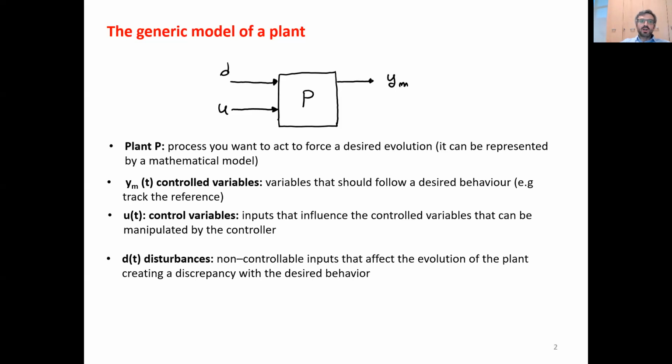And the other one could be an exogenous disturbance variable that is non-controllable, but anyway, also this one affects the evolution of the plant and of the controlled variable, making it a problem to make this follow, for example, a reference, because this disturbance usually moves our controlled variable away. And these disturbances, as I said, could be an external torque, cogging torque, and all kinds of external stuff.